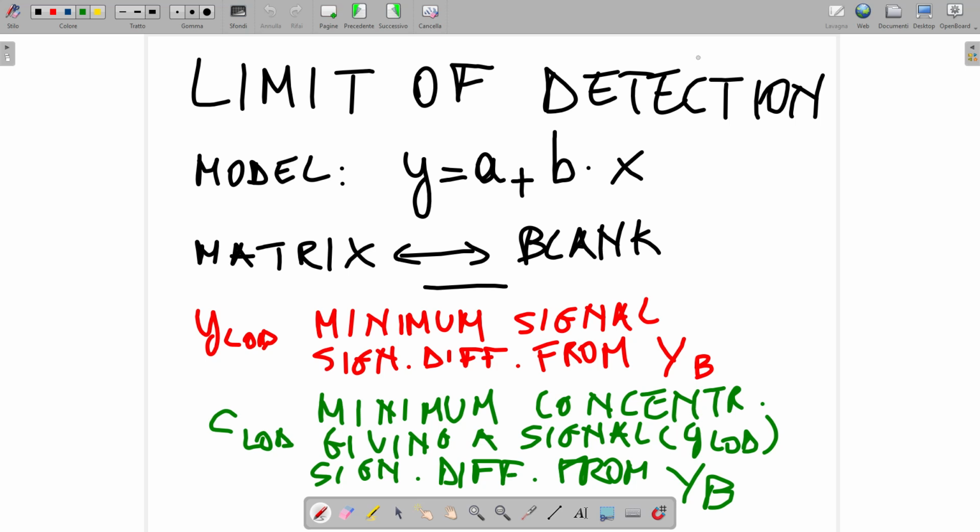It means that every signal higher than Y LOD will tell us that there is something more than the blank, there is the analyte. This is the meaning of the Y LOD.